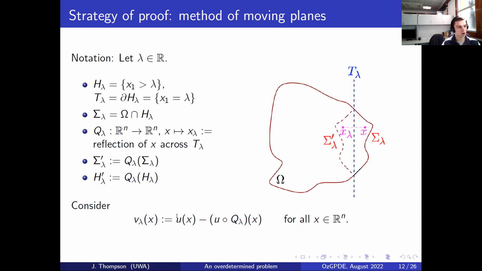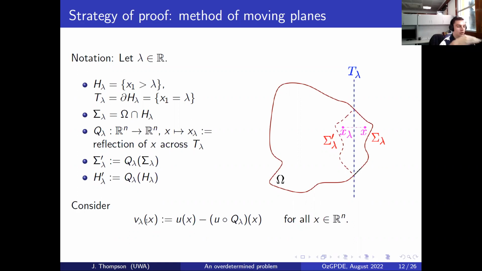And what we want to show is that as we move this plane left, we keep moving it until it can't go any further, until this reflected part wants to jump out of omega. And then at this point, we want to show that v is equal to 0, because what that would mean is that v is actually an even function with respect to reflections across the plane.